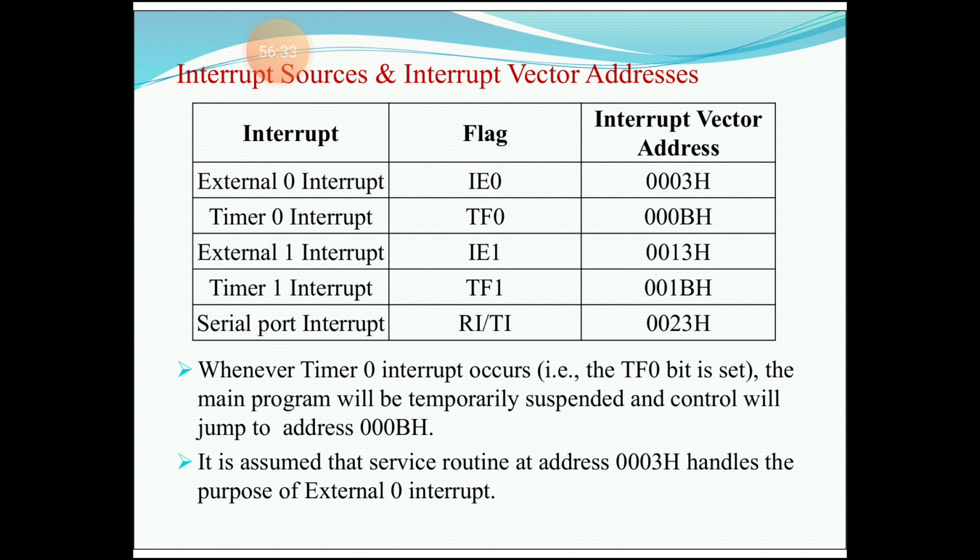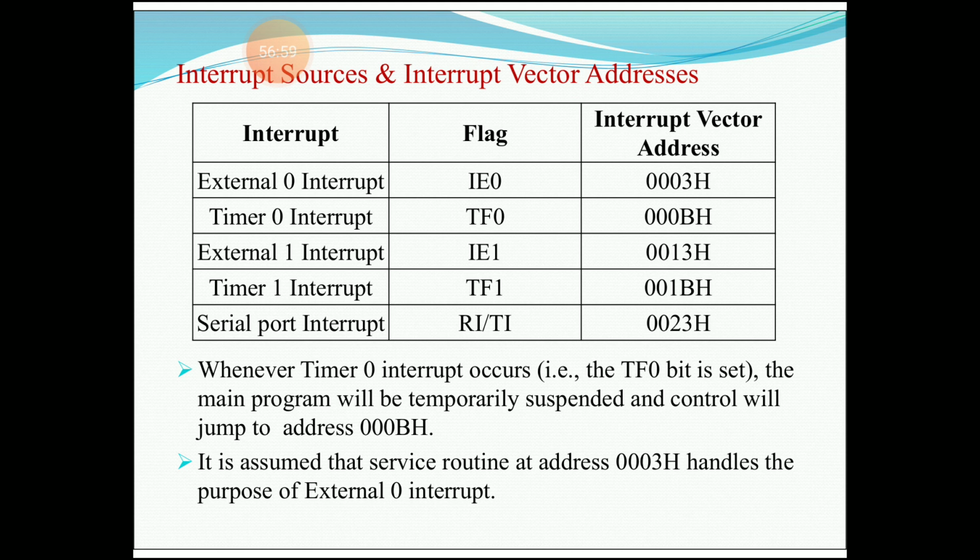That is, for the external 0 interrupt, the IE0 flag is set if the interrupt occurs. This bit is available in the TCON register. If this bit is equal to 1, then the controller goes to the specified address, that is 0003H. From this address, the controller executes a program called ISR.